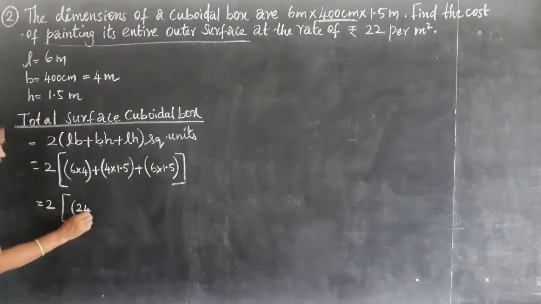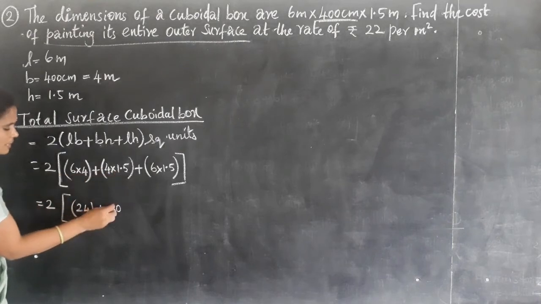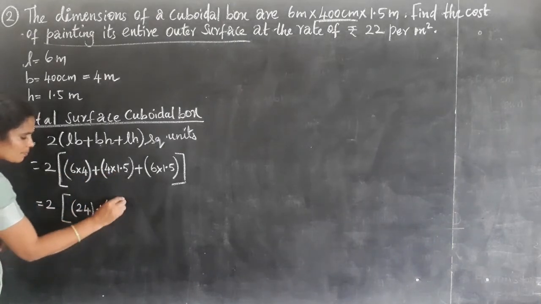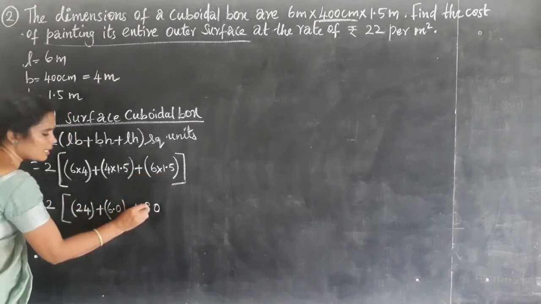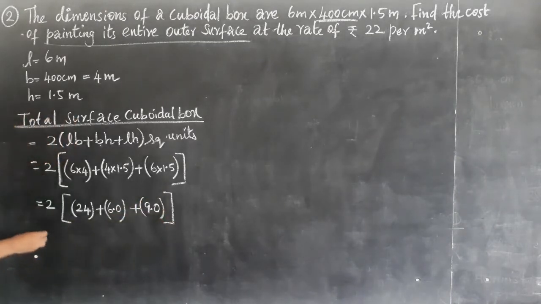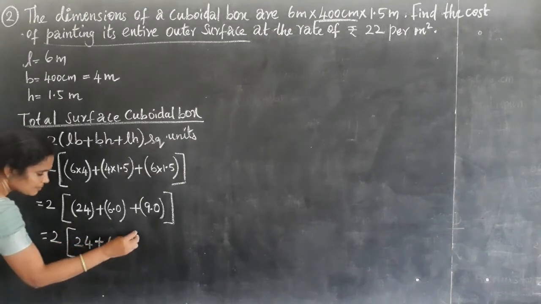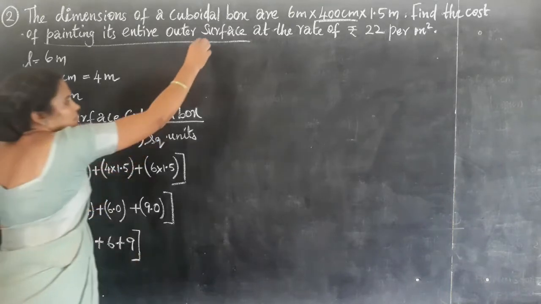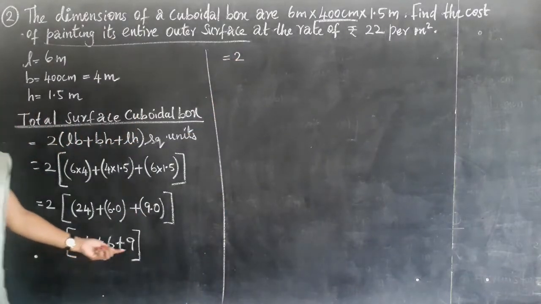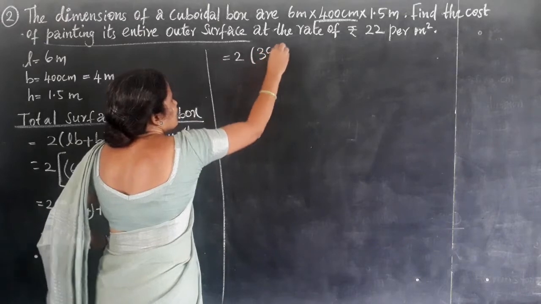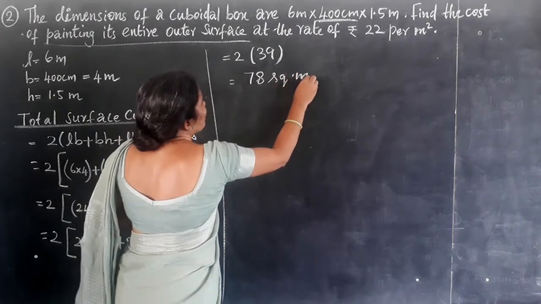So 6 fours are 24 plus 5 fours are 20, 0, 2, 1 4. 24 plus 6 plus 9 is equal to 24 plus 6 is 30, 30 plus 9 is 39. 2 into 39 is 78 square meter.